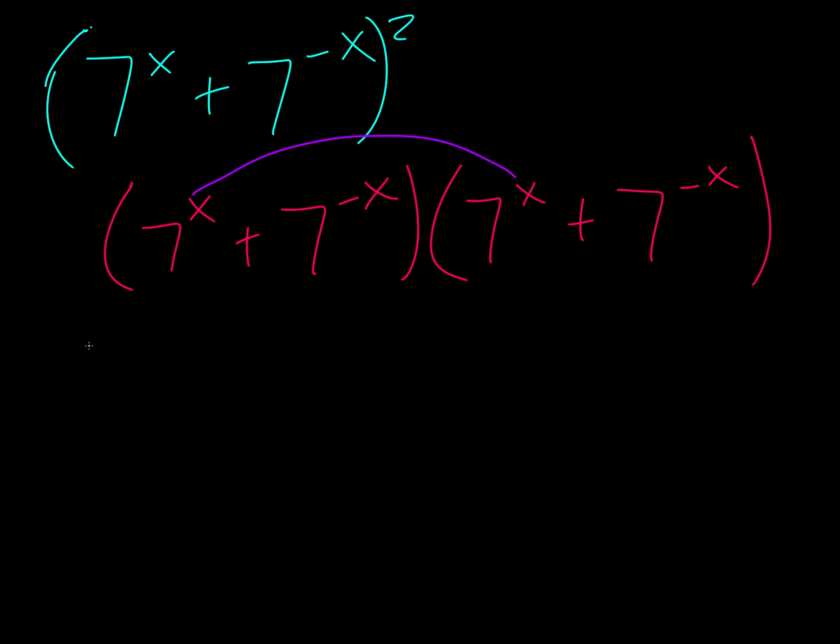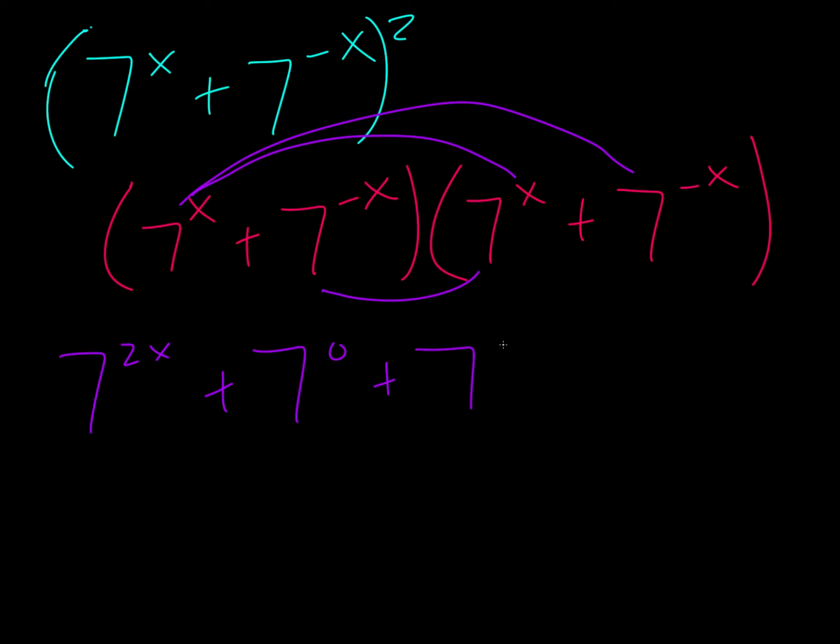So if we do that, we get 7 to the 2x. If we do that, the x's will cancel, so it's actually 7 to the 0. If we do this, we also get 7 to the 0. And then if we do this one and this one, we get 7 to the negative 2x.